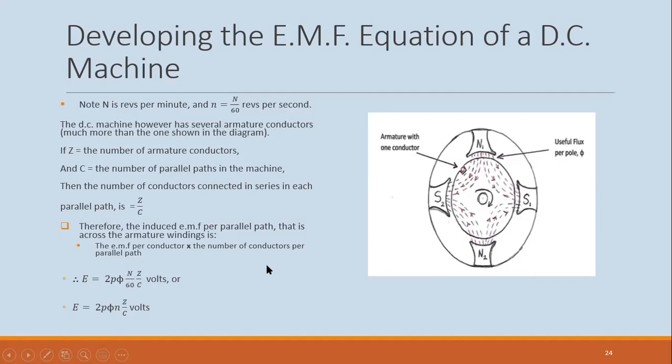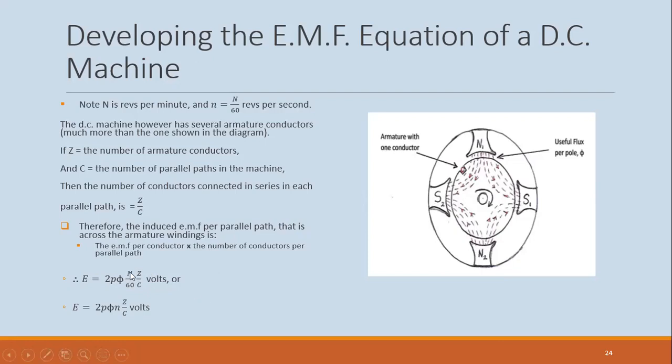One battery represents the induced EMF in one conductor, so with 6 batteries in series you multiply that by 6. So the number of conductors connected in series times the induced EMF in one gives the induced EMF for the parallel path across the armature conductors.